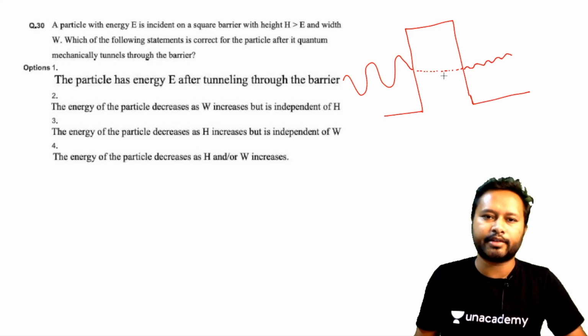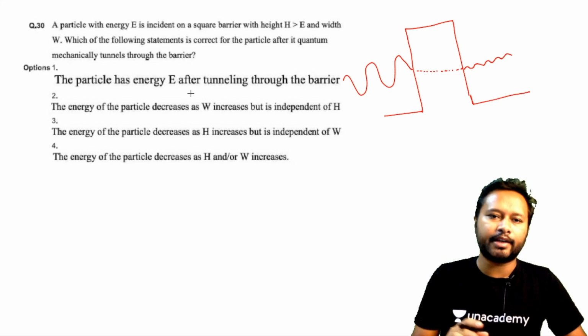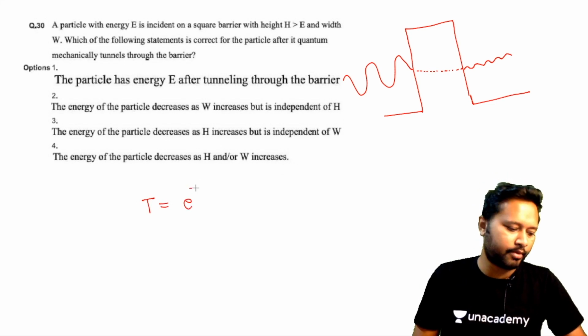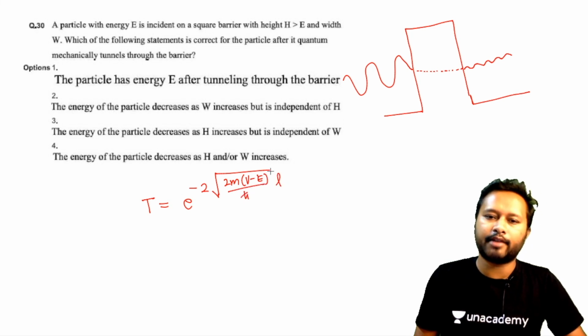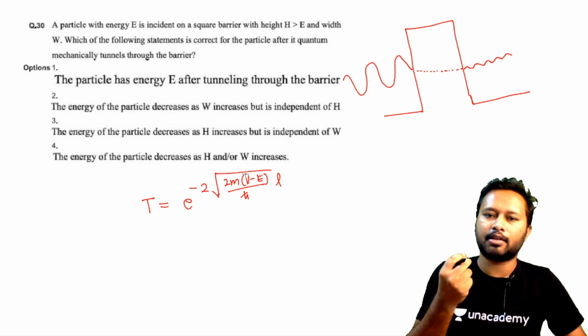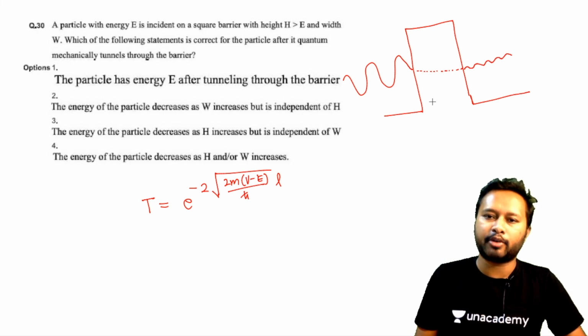So the energy decreases for the particle; the energy of the particle does not remain the same. The second thing is that the formula for tunneling is e to the power minus 2 under root 2m(V minus E) divided by h cross, times L. Now V is the value of potential, that is the height over here, and L is the length.